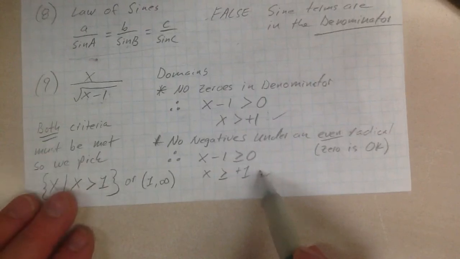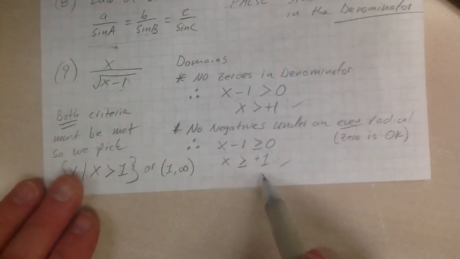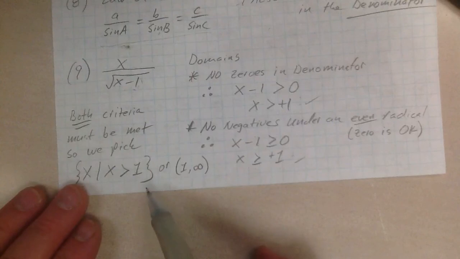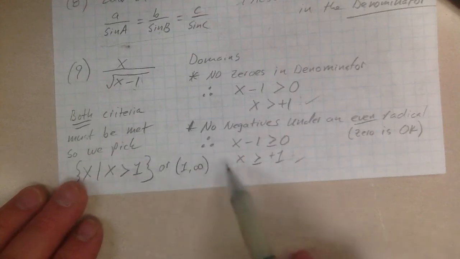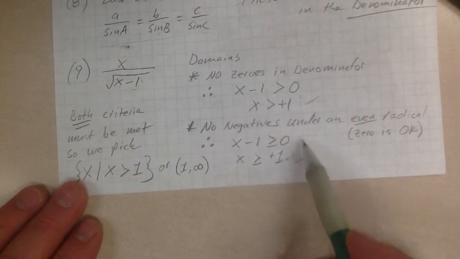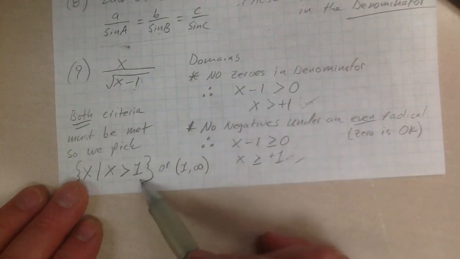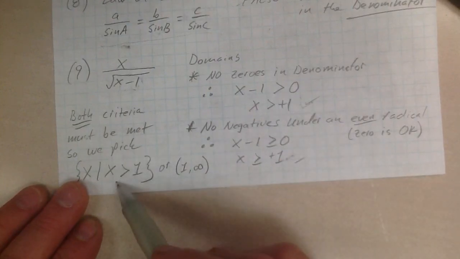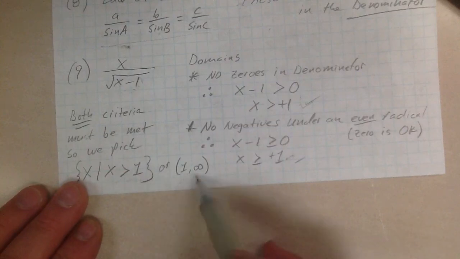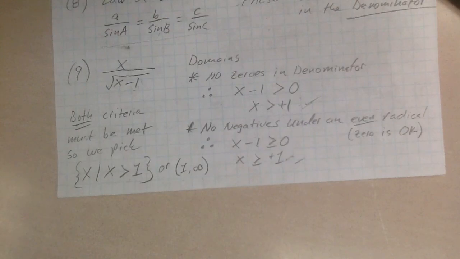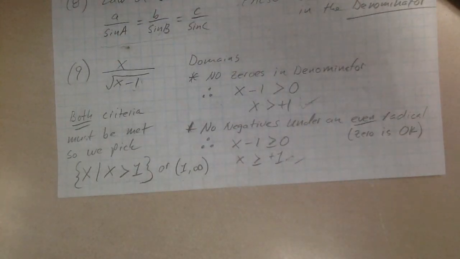I choose the more stringent criterion, the one that both will meet. If x is greater than 1, I fit both criteria. So that is the one I choose. My domain is x greater than 1, or I can write it in interval notation and be equally correct. Okay, we'll continue with problem number 10 on video 2.